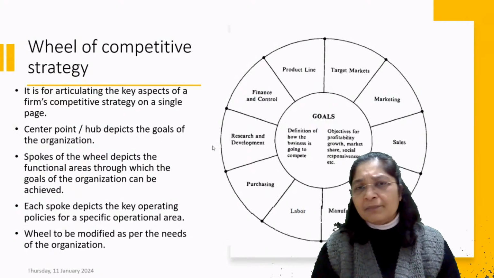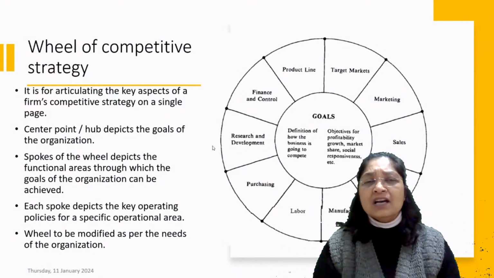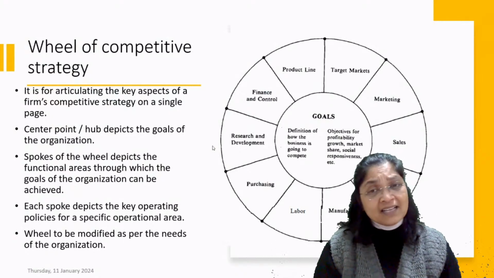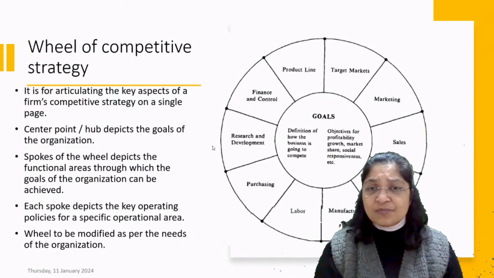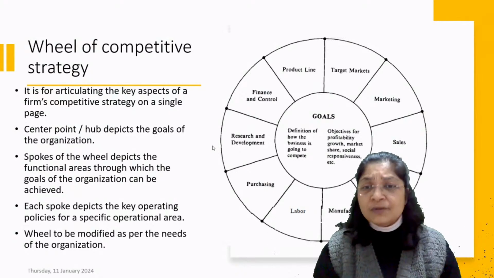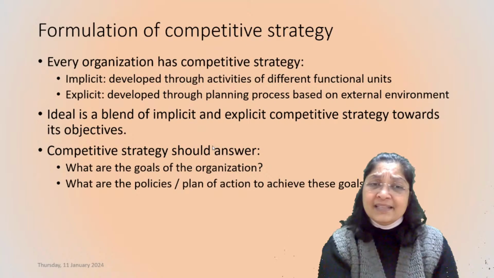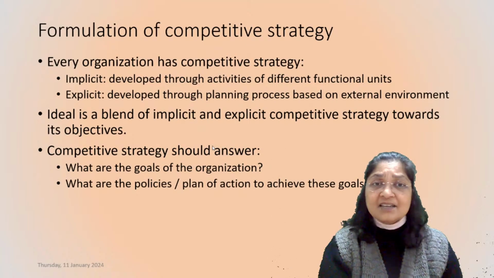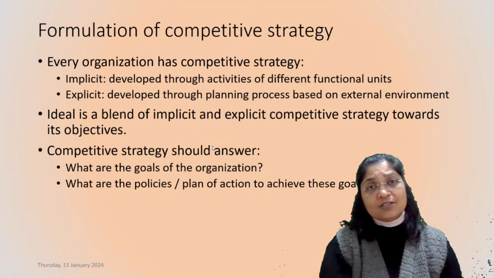So we are talking of marketing, sales, customer behavior, distribution, manufacturing, the operations, the finance and accounts, R&D, purchase, kinds of products, and the human resources. So with all these different functional units, the implicit competitive strategy is functional unit specific.